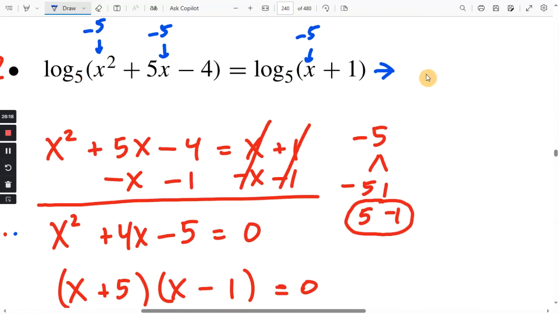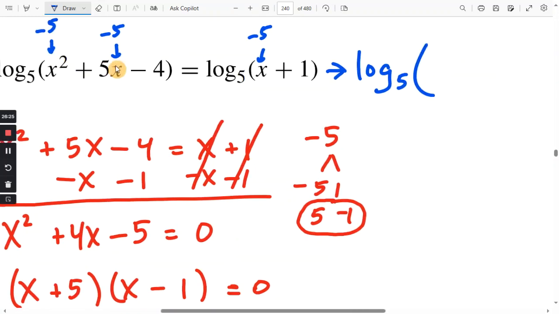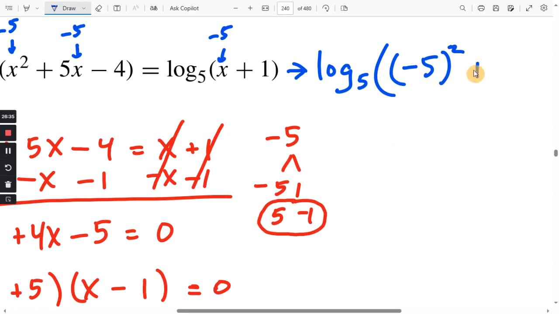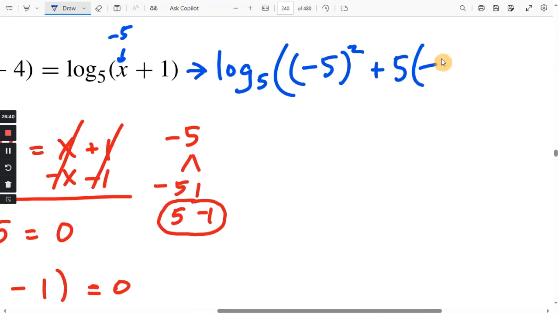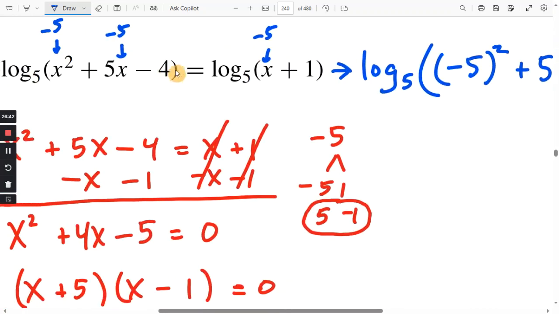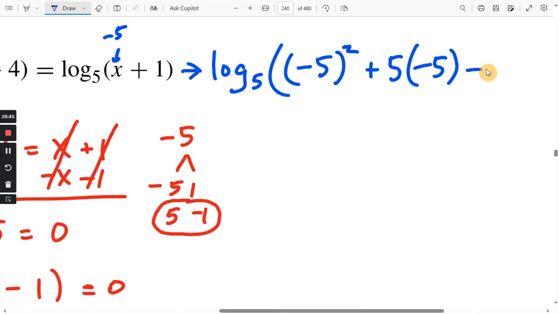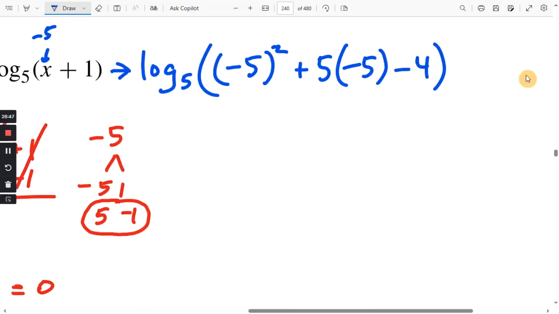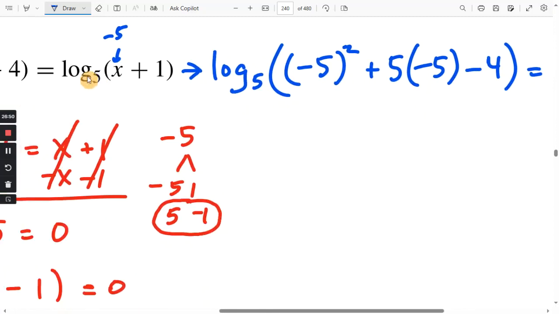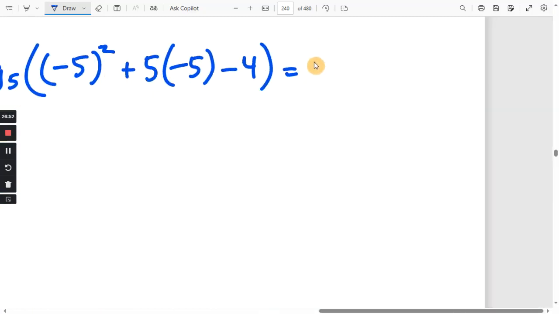Start with log base 5, parentheses. Negative 5 gets squared. Whenever you square a negative, use the parentheses. Plus 5 times negative 5. Minus 4, close parentheses, equals log base 5 of negative 5 plus 1.